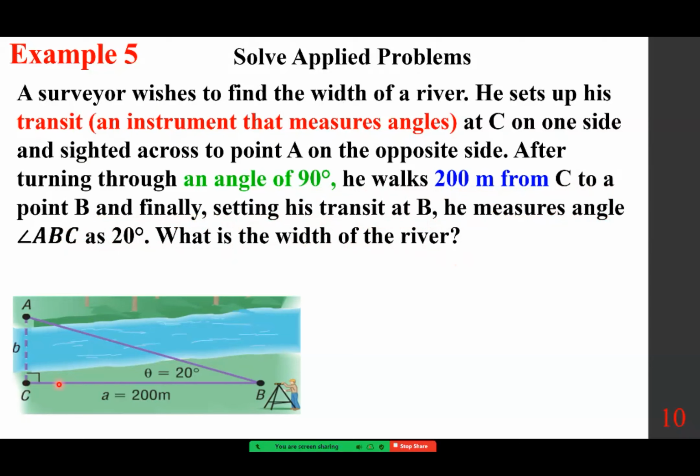Go over here. The distance of 200 meters, turning it around. So this is exactly 90 degrees. We are interested in finding the distance of AC, which is the width of the river. So we do the measurement here.